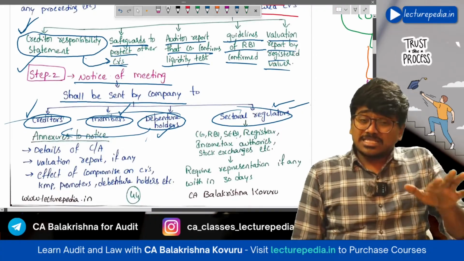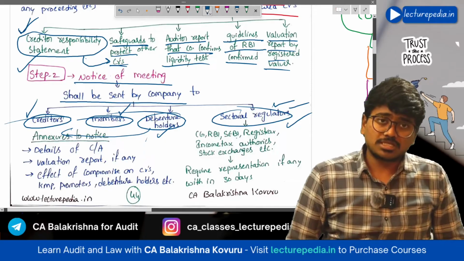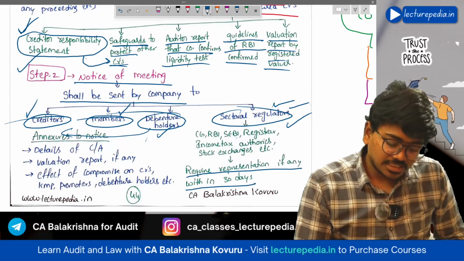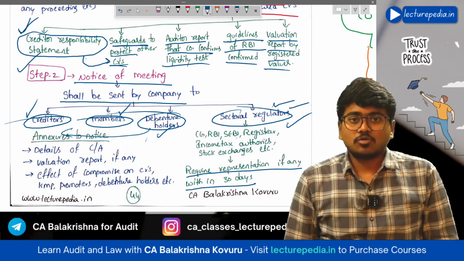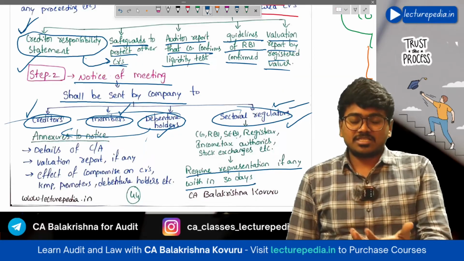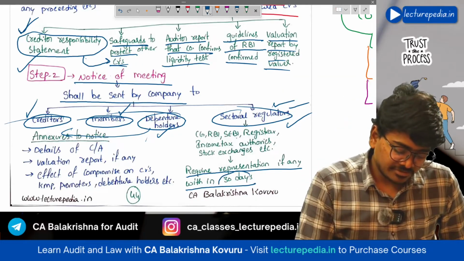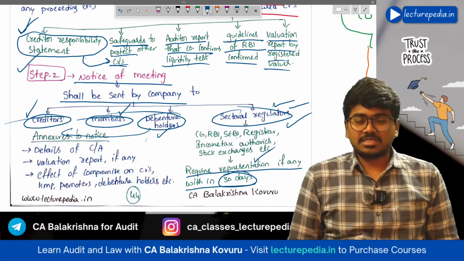In case of sending notice to the sectoral regulators, they require representation, if any, within 30 days. If sectoral regulators want to communicate anything with respect to this meeting, they have to give the representation within 30 days.